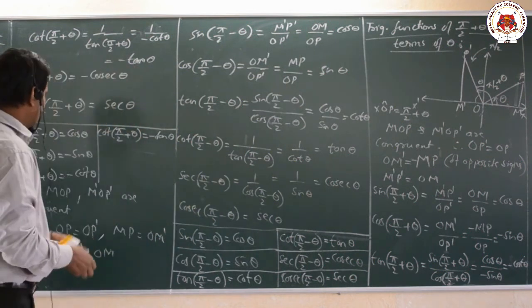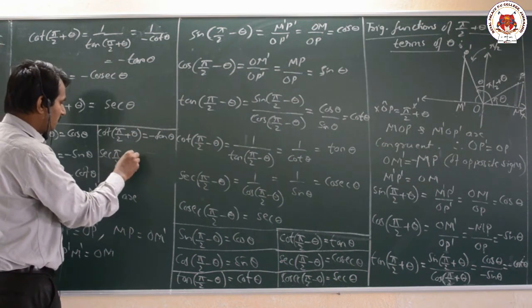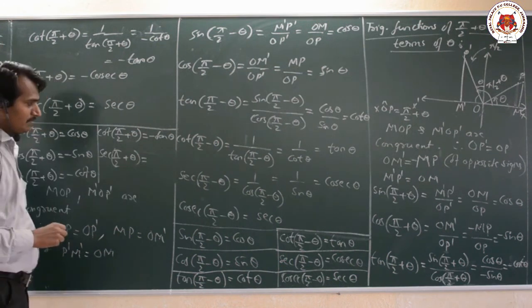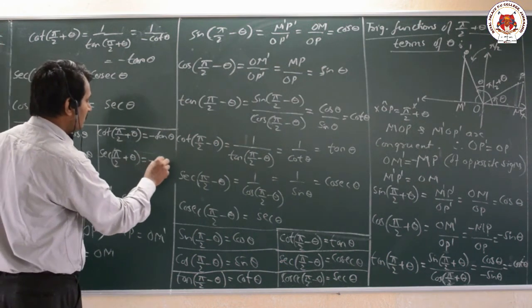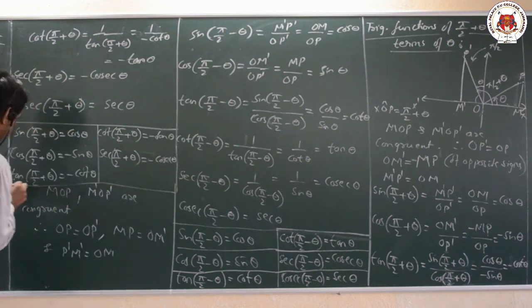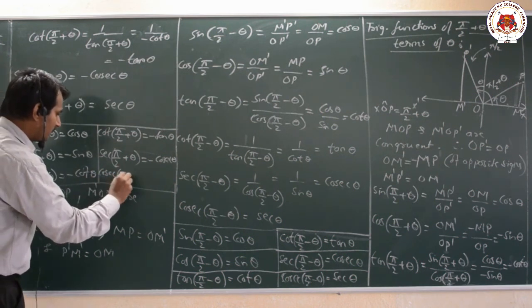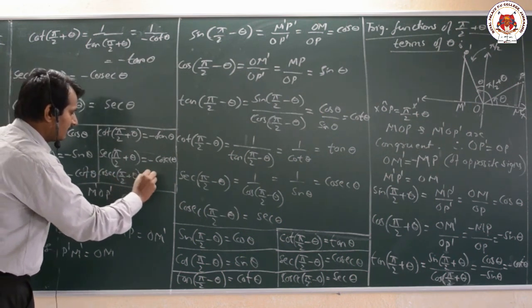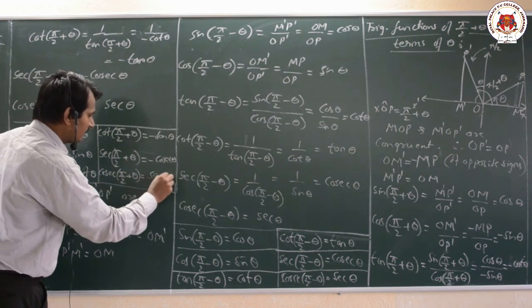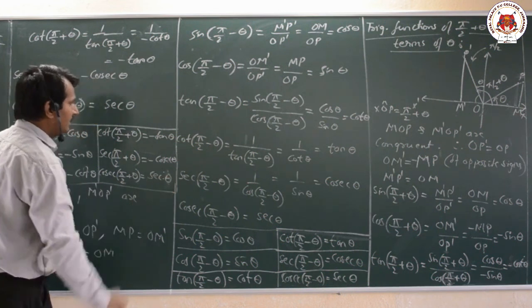Then secant of pi by 2 plus theta, the value will be minus cosecant theta. The last one is cosecant of pi by 2 plus theta, the value will be secant theta.